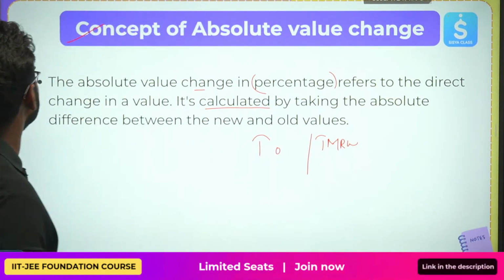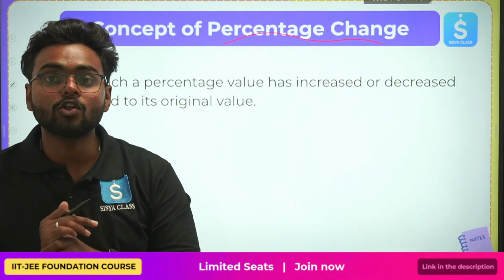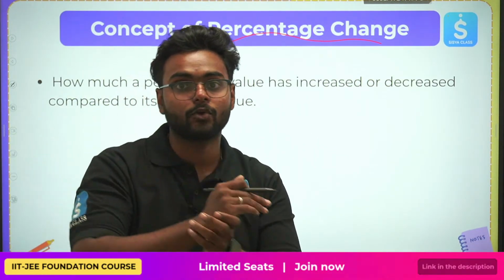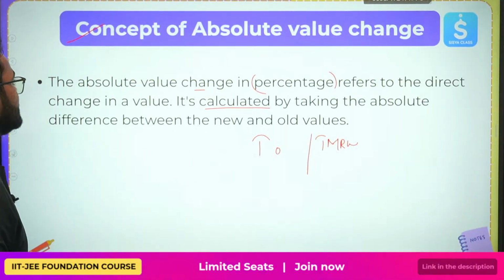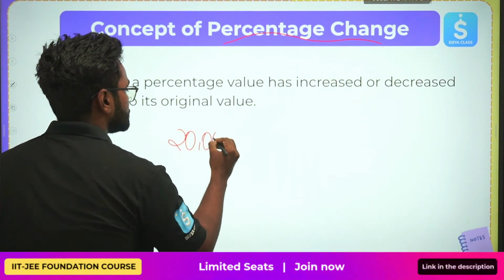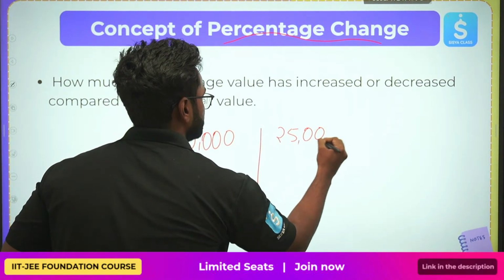Now coming to percentage change, the concept of percentage. If you want to know how much percentage increase happened from yesterday to today in the gold rate, see, yesterday the rate was, let's assume, 20,000 and today it has gone up to 25,000.